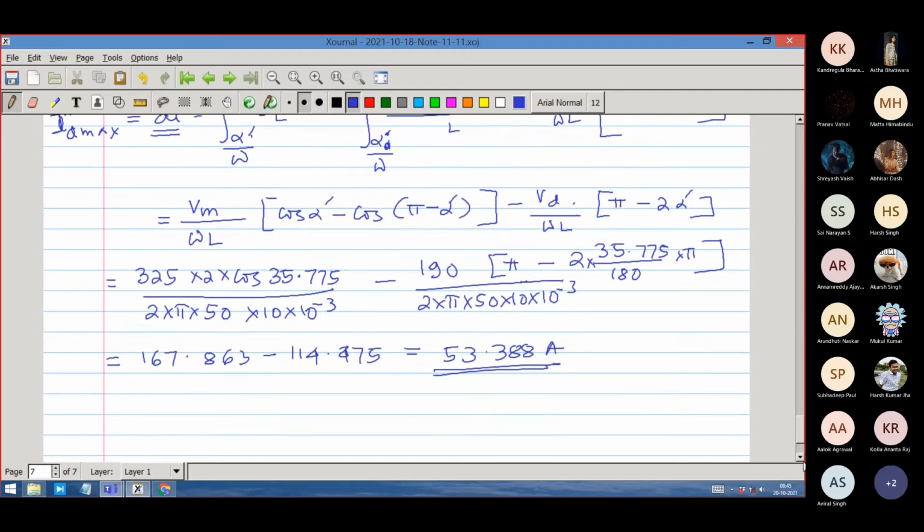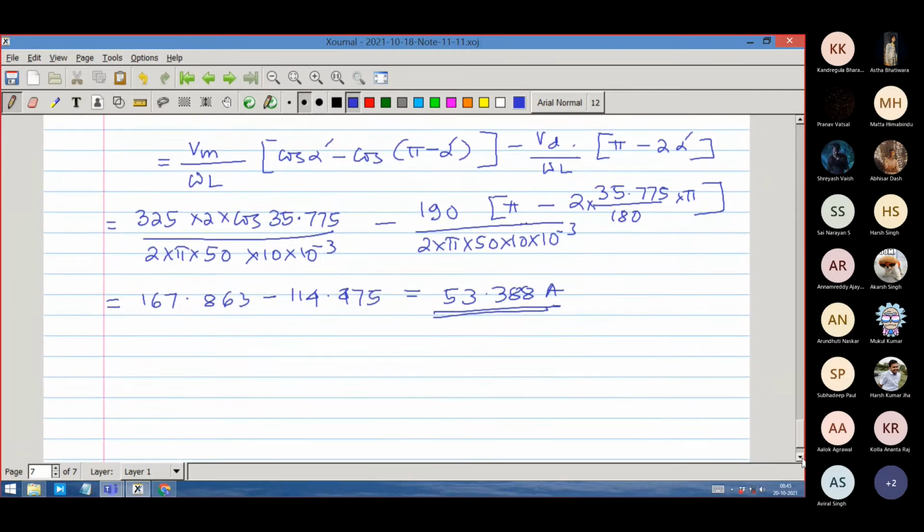But I need to know how much power is transferred from the AC side to DC side, right? So I will do it assuming that efficiency is equal to 1. The thyristors have no drop.